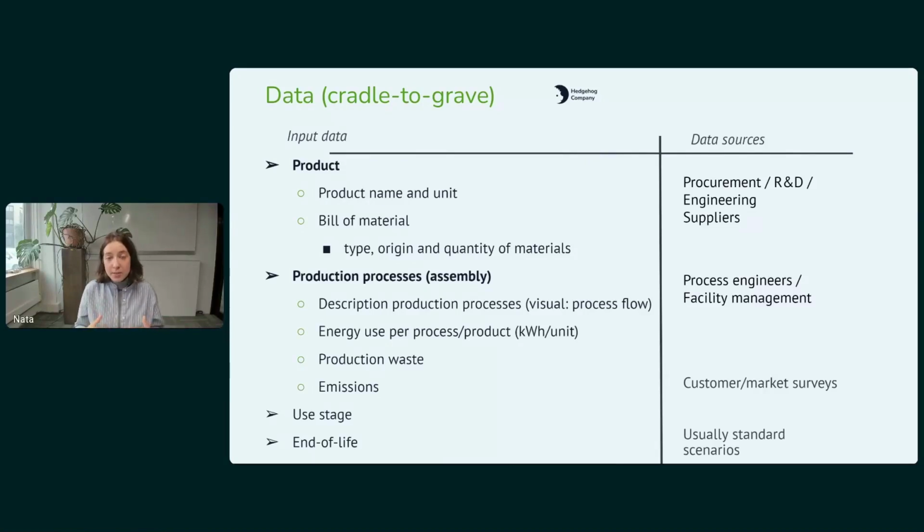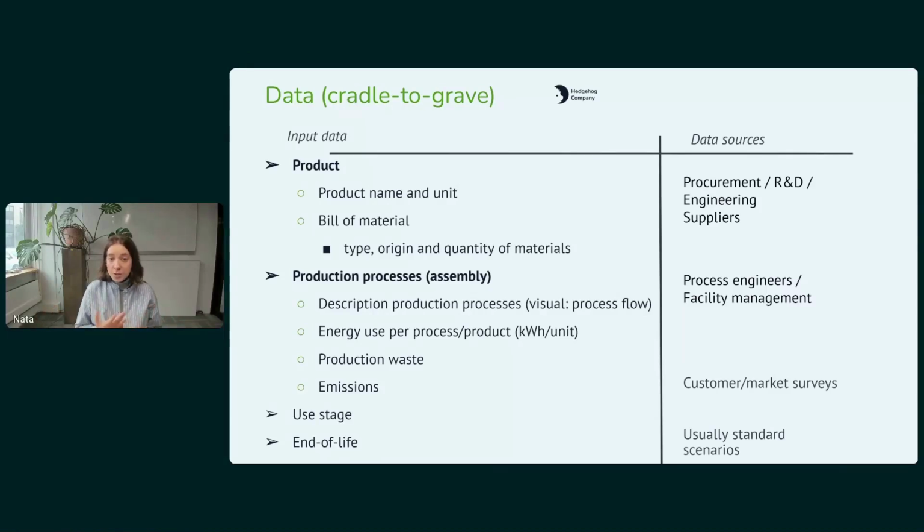Sometimes the manufacturing of the product is outsourced, so for example, your company is located in the Netherlands, but you outsource the production to a factory in another country. Then we will also make a custom data sheet for your supplier, your manufacturer, so that they can fill it out because they are the experts on the manufacturing process itself.